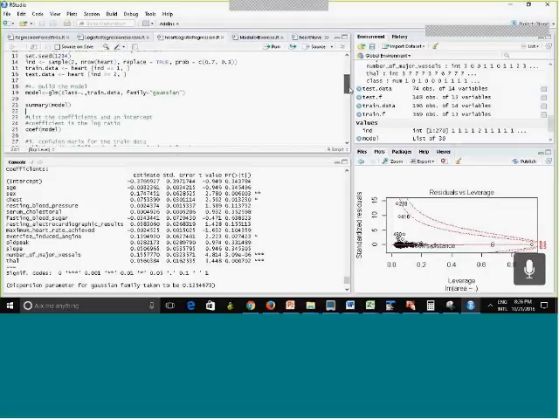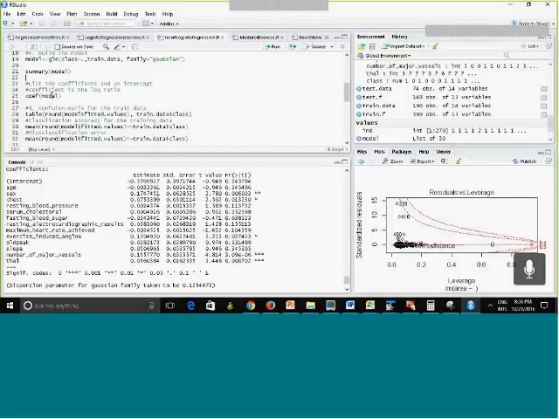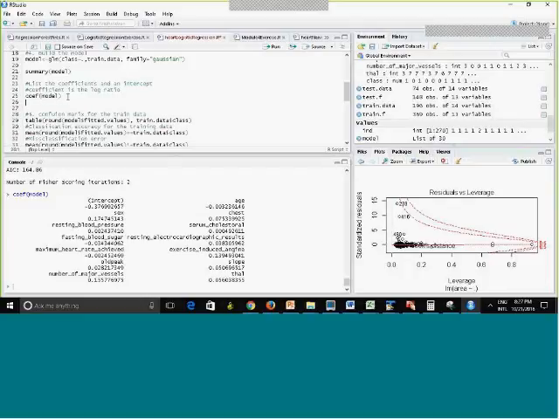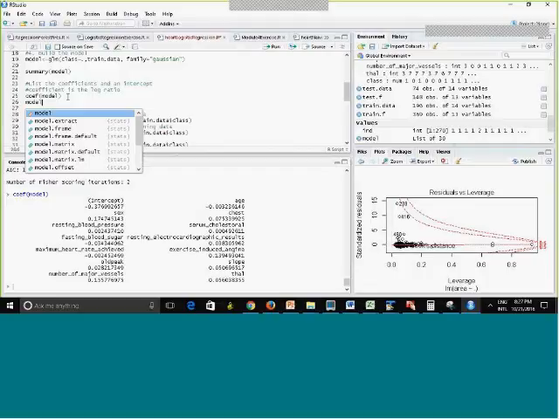Now I can also display only the coefficients. I'm just showing different options here. And there is model fitted values. Fitted values are basically the predicted values. So what I can do here is type model dollar sign fitted values.